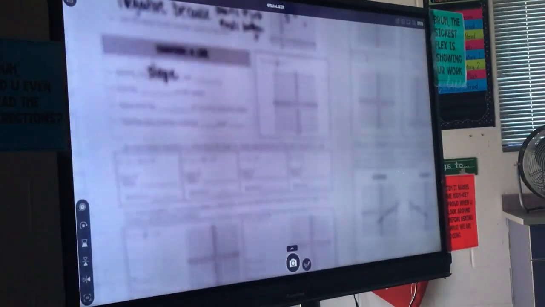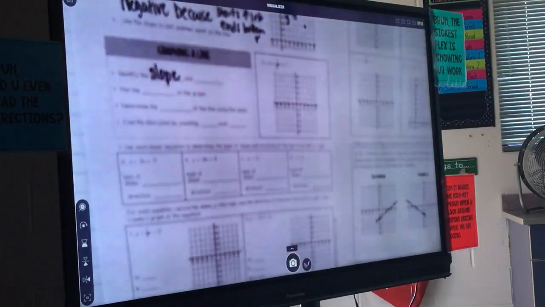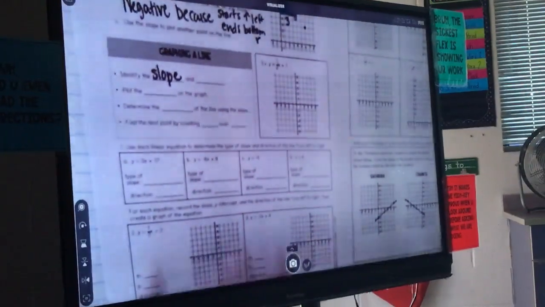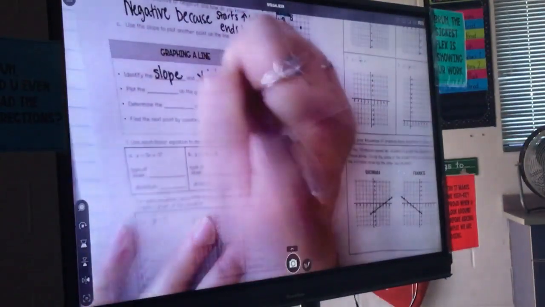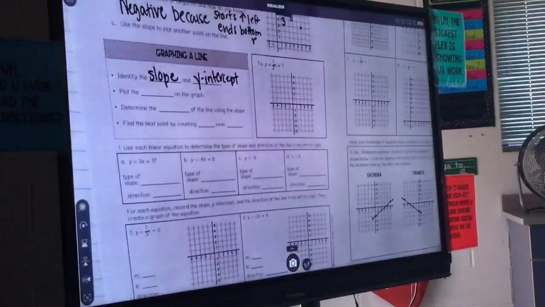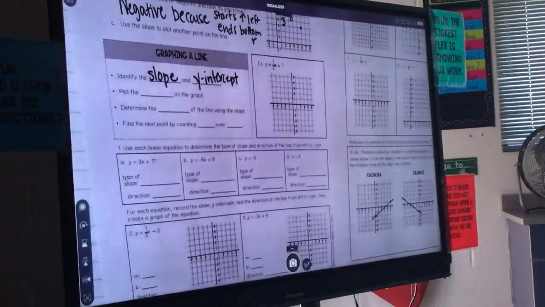All right, so graphing a line, we have to identify the slope and what else? What else do we have to identify when we're graphing linear equations? Ariana? The y-intercept. Now, please refresh my memory. What is the y-intercept in our equation? Jeffrey? 7. Wait.